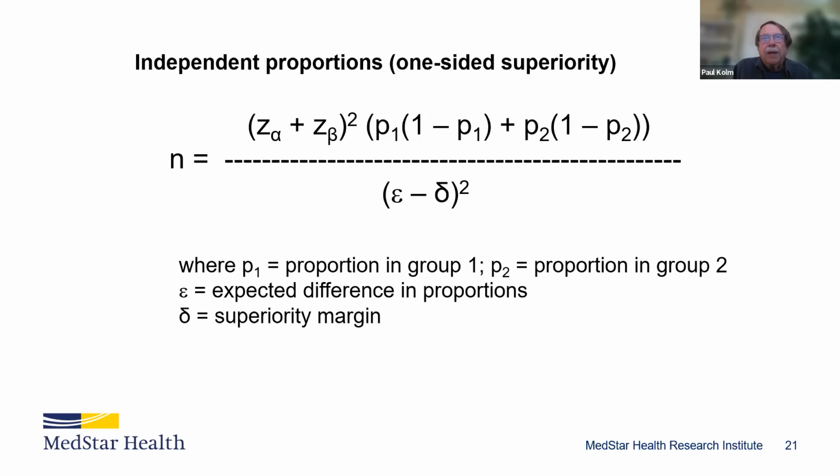The denominator is epsilon minus delta, and then we square that, where epsilon is the expected difference in proportions. Usually we set this to 0 as our null hypothesis, as we're going to assume that there's no difference. And then delta is our superiority margin, or the difference that we think we would like to see.